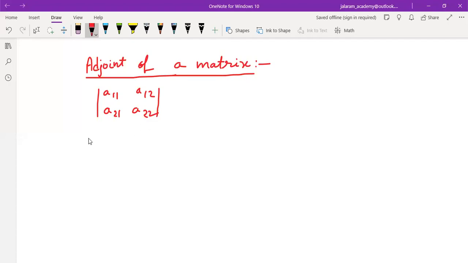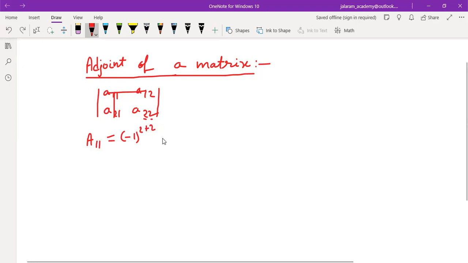For this, remember, first we find the cofactor of first row, first column. And we know that it is obtained by deleting first row, first column, and we have to multiply with minus 1 to the power 2 plus 2. In this there will be only one element, a22. So the value is A22.